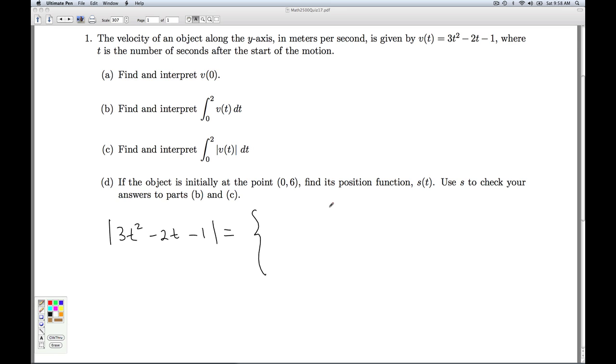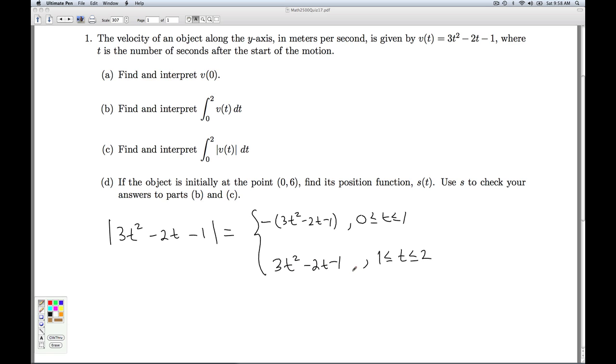Well, on the part from 0 to 1, we found that 3t squared minus 2t minus 1 is negative. So when I take the absolute value of that, I'm going to have the opposite of that. But when t is between 1 and 2, we learn that 3t squared minus 2t minus 1 is positive, which means that I'm just going to have the original function.